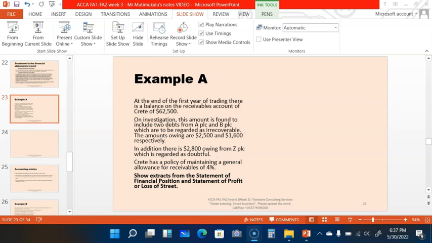The amounts owing are 2,500 and 1,600 respectively. In addition, there is $2,800 owing from ZPOC, which is regarded as doubtful. CRED has a policy of maintaining a general allowance for receivables of 4%. Show extracts from the statement of financial position and statement of profit or loss of CRED.